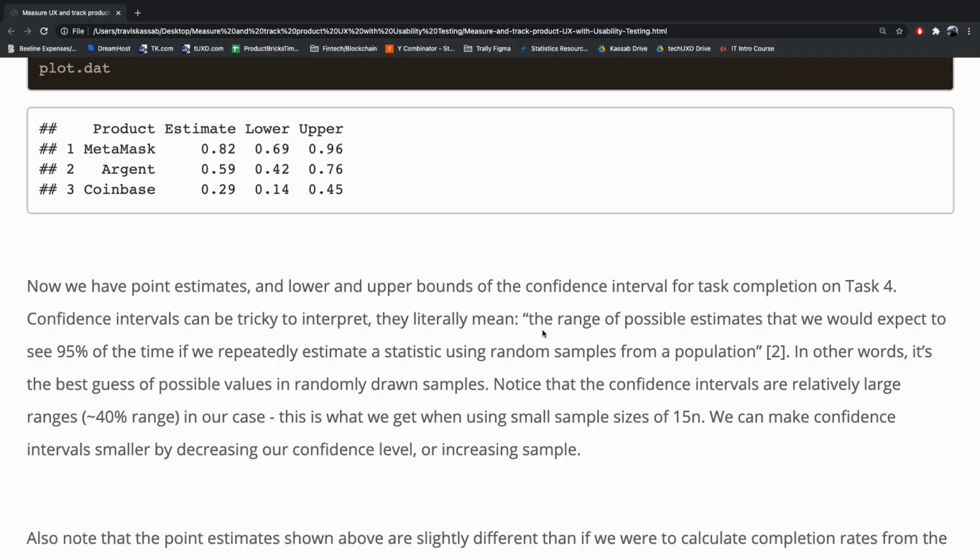But since this is a sample of only 15 for each product, then we have a confidence interval. And the confidence interval literally means the range of possible estimates that we would expect to see 95% of the time if we repeatedly estimate a statistic using random samples from a population.